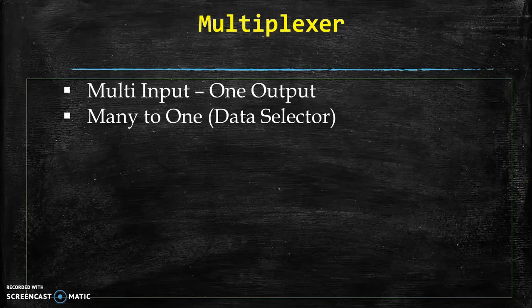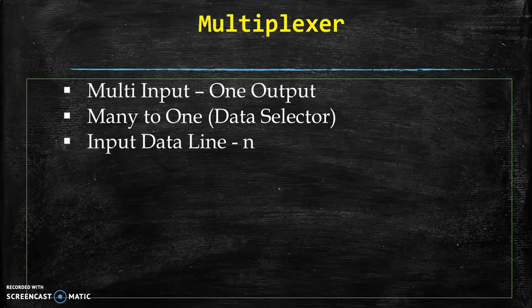Sometimes it is known as a data selector because at the input side we have various data input lines, and any one single input data line is activated at a time and the data is transferred to the output. So it is known as many to one.